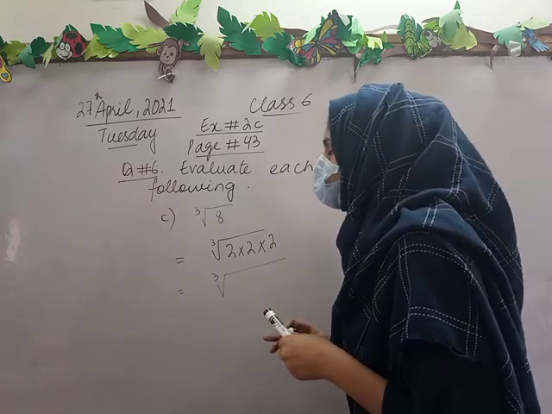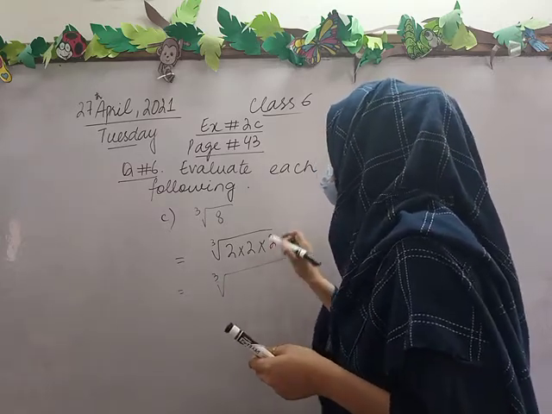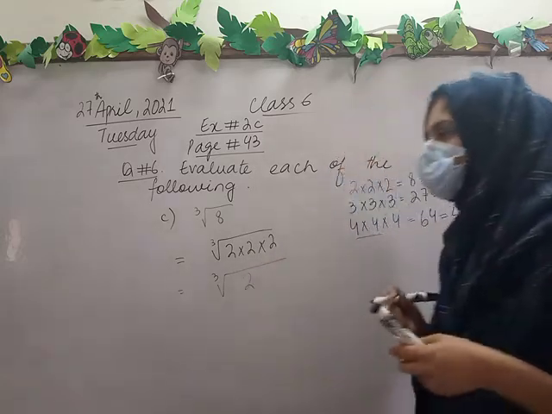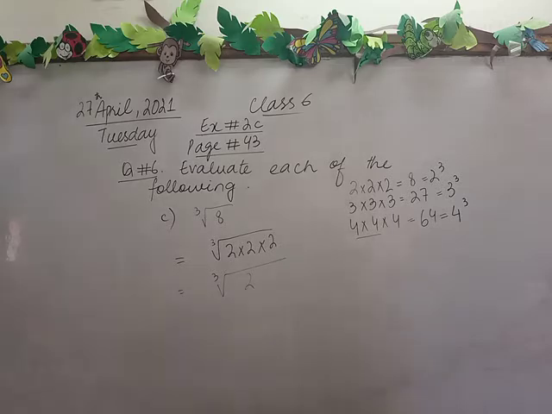Cube as it is. In the next step we will write 2 as it is because the base is the same. And by how many times is the number repeating? Yes, Vanya, you tell me.